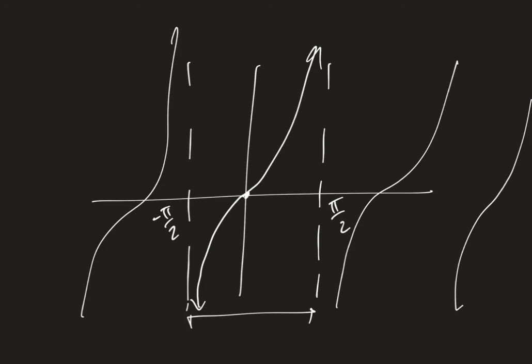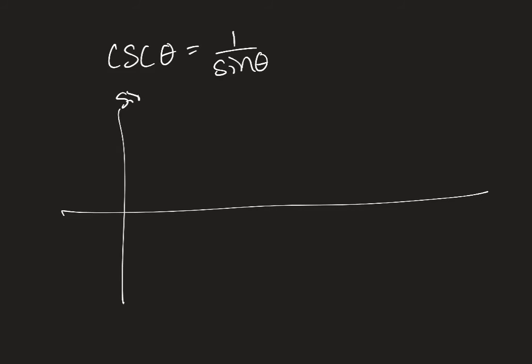For cosecant and secant, they are similar. We won't go through the whole thing as much, but if cosecant of theta is 1 over sine of theta, we're going to have undefined values wherever sine is 0. So if you have your graph of sine, and we have 0, let's go to 4 pi, and we have pi, 2 pi, and 3 pi, and then everywhere in between.